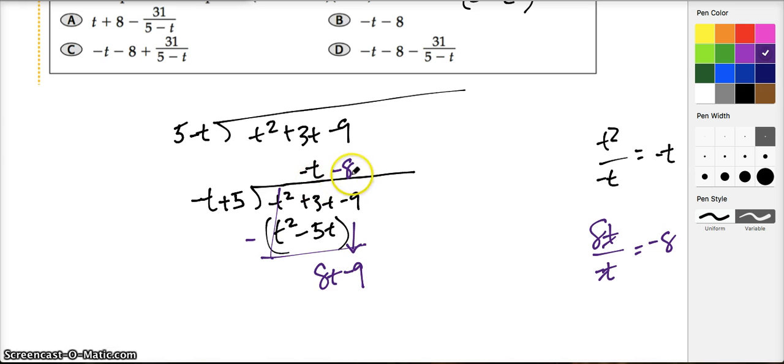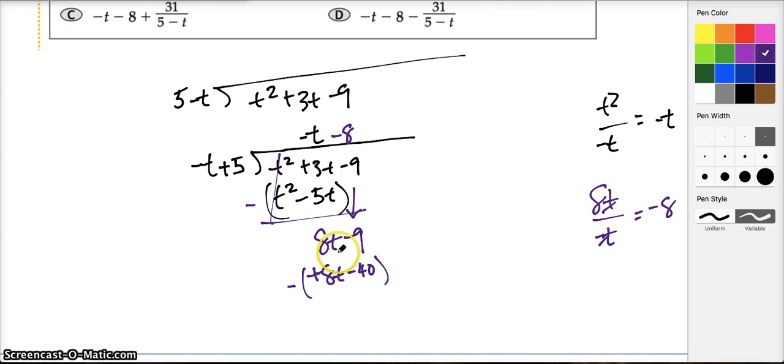Minus 8 times all of this is going to give me a positive 8t, because that's a negative times a negative, and then this negative 8 times that positive 5 is going to give me a negative 40. Again, I'm subtracting, and when I subtract, this 40 will change to a positive 40. These guys cancel out, and this positive 40 minus 9 will leave me with a positive 31.